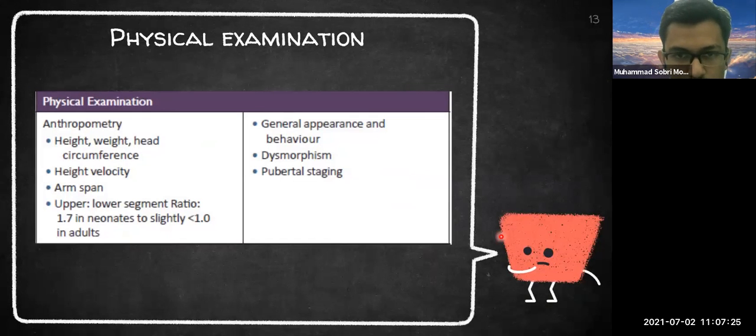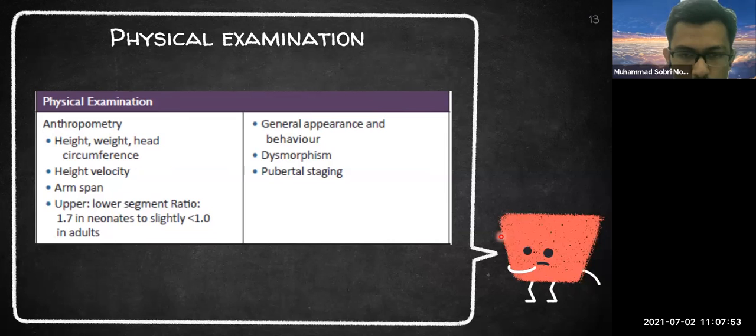And next is about the physical examination, also taken from the pediatric protocol. First, we have to measure the anthropometric measurements, which are the height, weight, and also head circumference. Calculate the height velocity, arm span. We will be explaining later. Arm span, also upper and lower segment ratio, 1.7 in neonates, slightly less than 1.0 in adults.